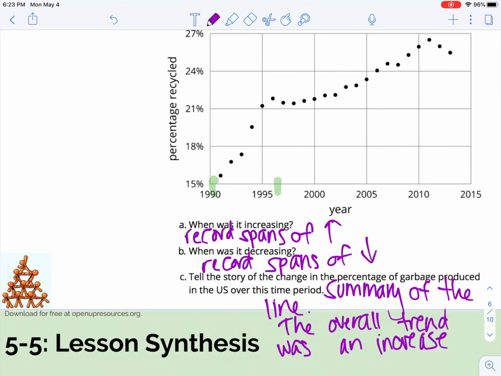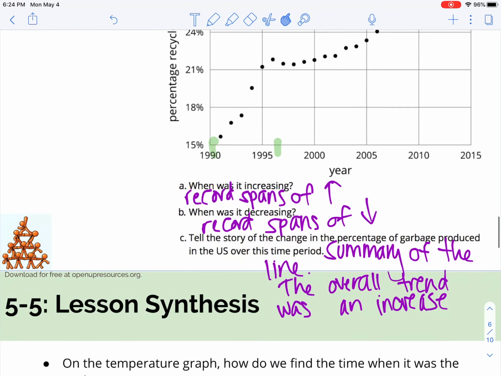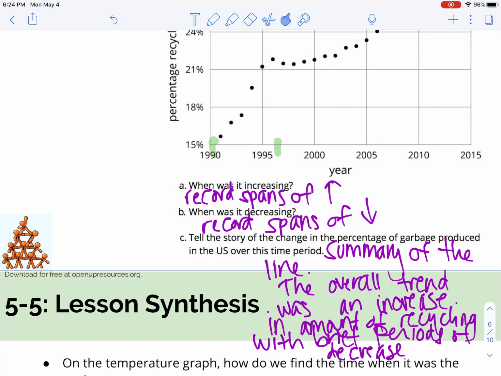Was an increase in amount of recycling. And you could say with brief periods of decrease in recycling or something like that.